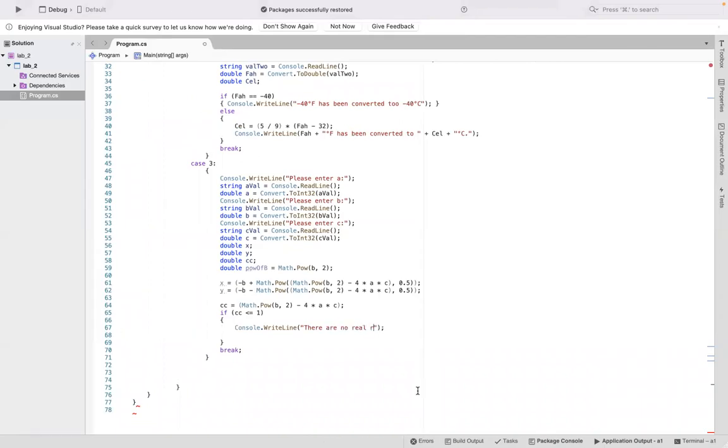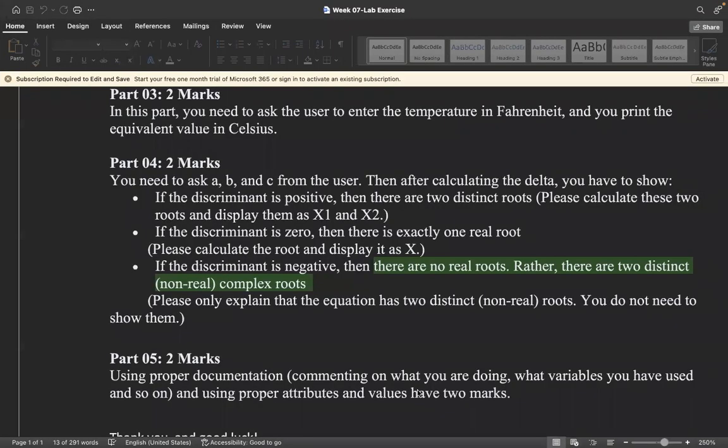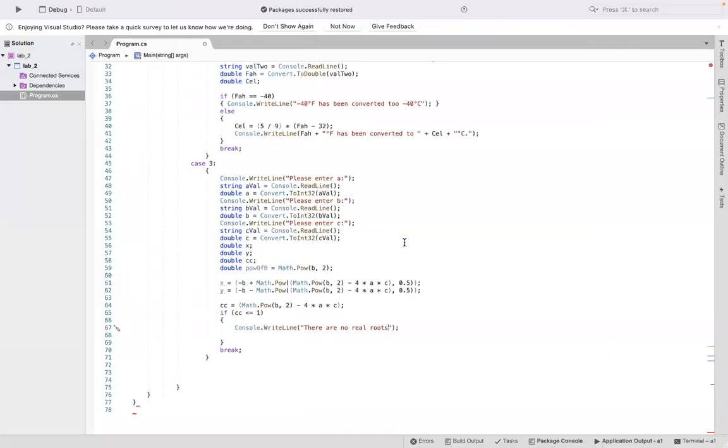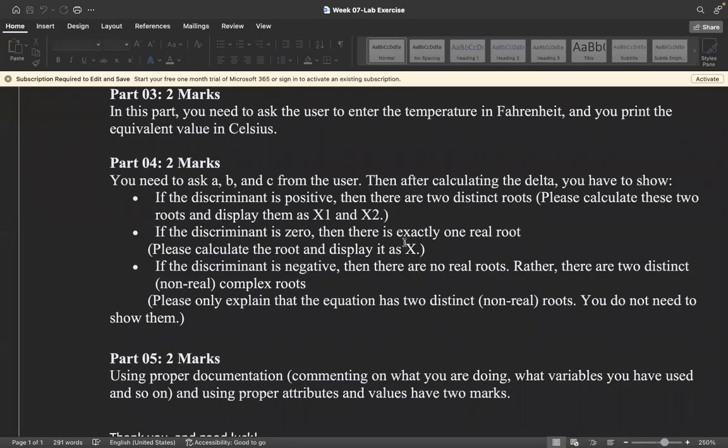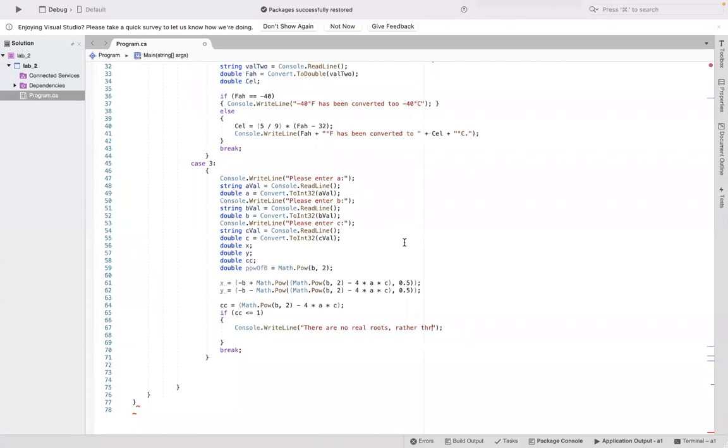So with that, the thing is that I can't copy and paste this. Just say there are two distinct non-real complex roots. Two distinct non-real roots. Non-real roots, yeah.